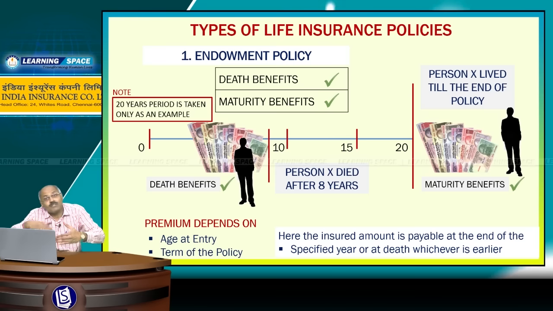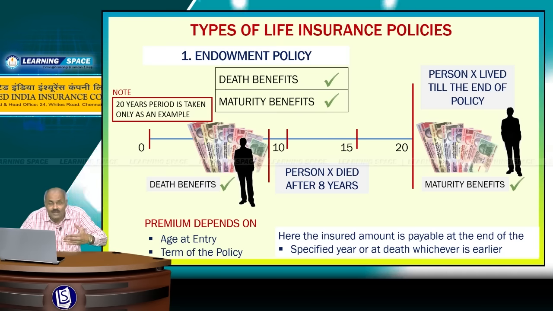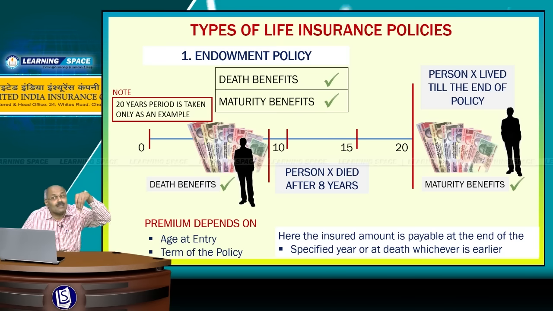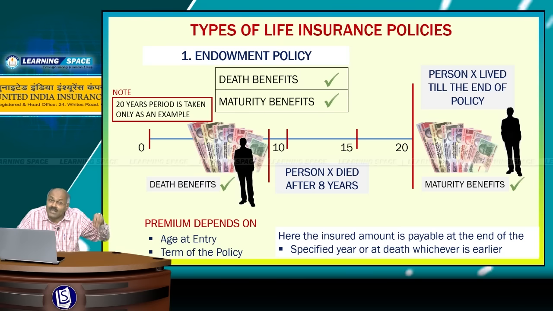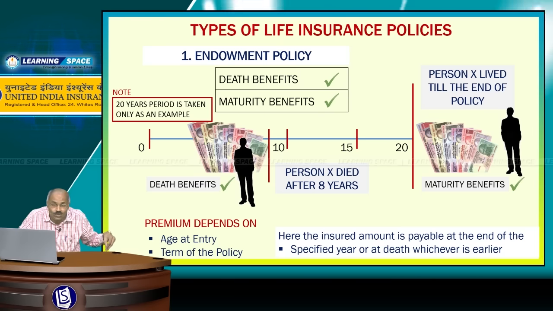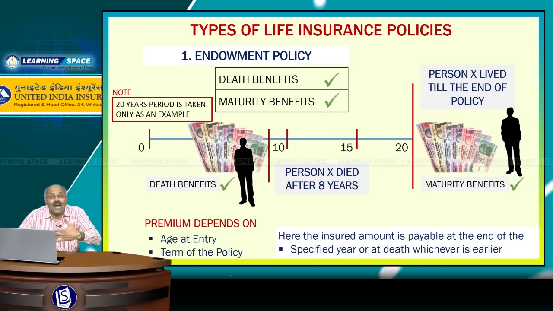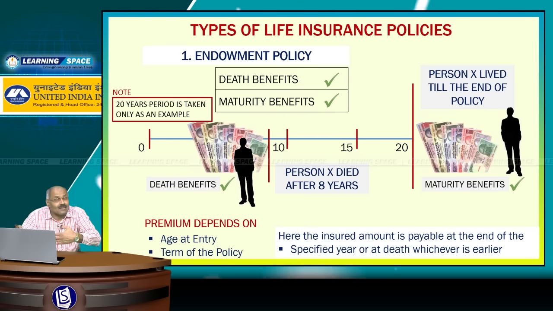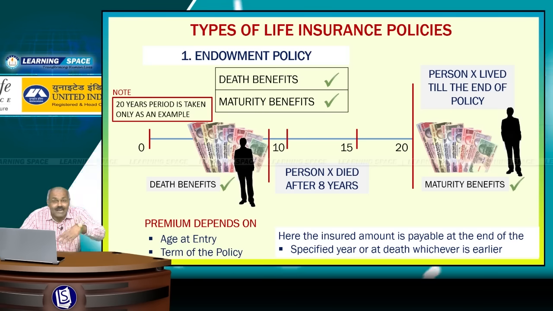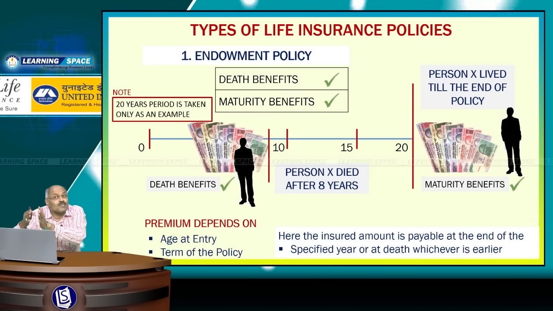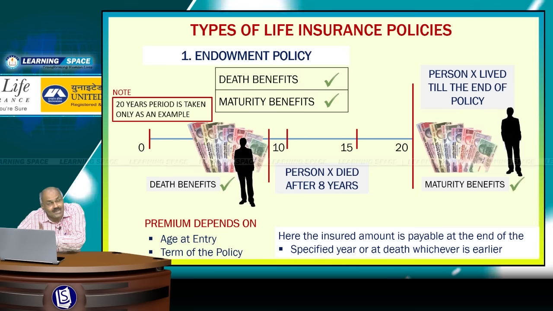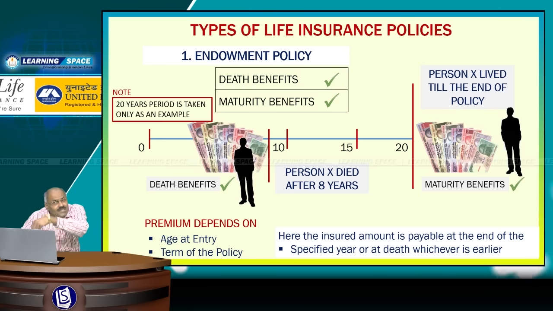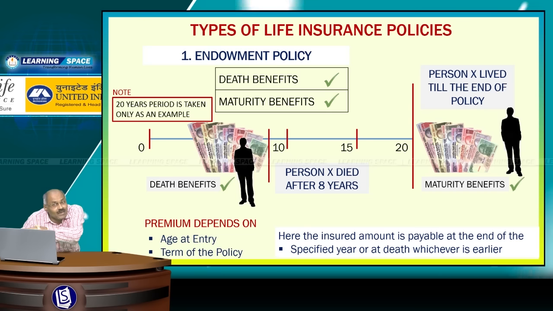If the person lives beyond the term of the insurance policy, then the person will get maturity benefits. So here, if the person dies before the term of LIC policy, then the nominee will get death benefits, and if the person lives beyond the term of the policy, then what will happen? The person will get maturity benefits.